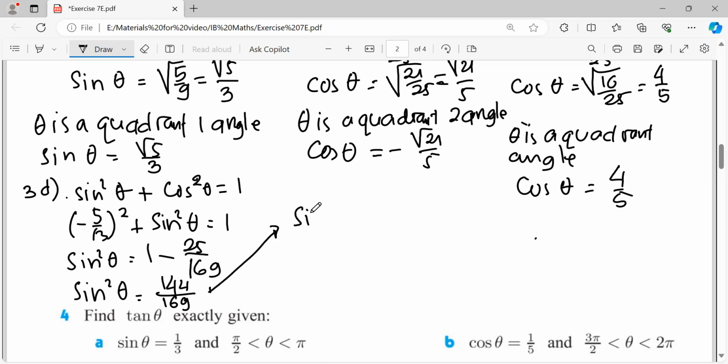So sine theta equals the square root of 144, that's 12, over the square root of 169, which equals 13.